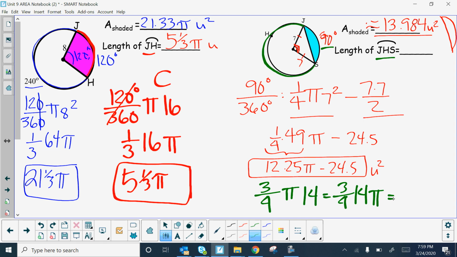And if I put that in my calculator, that's about 10.5 pi. So that's the length of the green arc JHS, 10.5 pi. And this is just in units, because this is length.